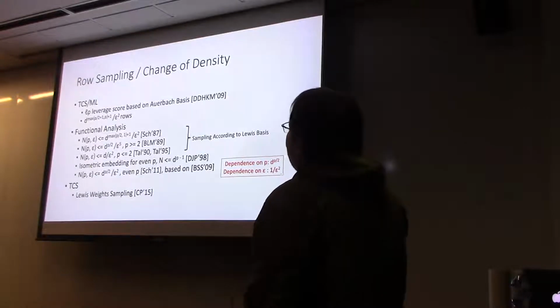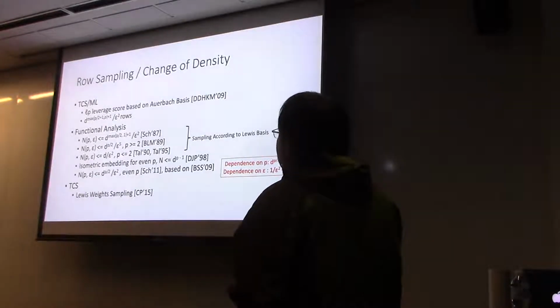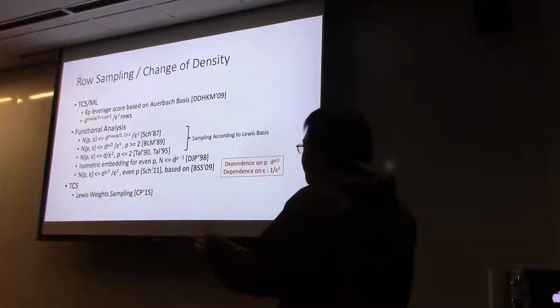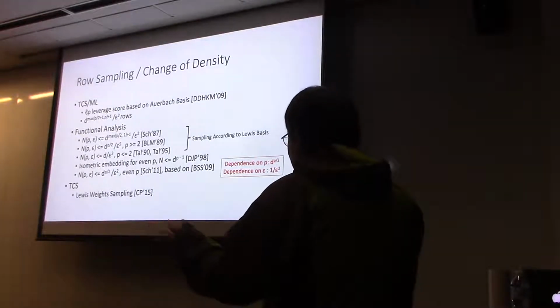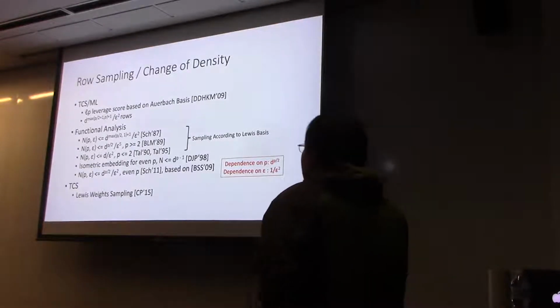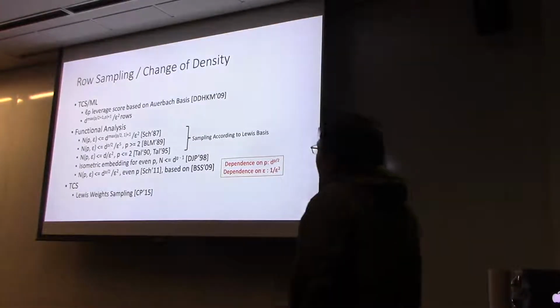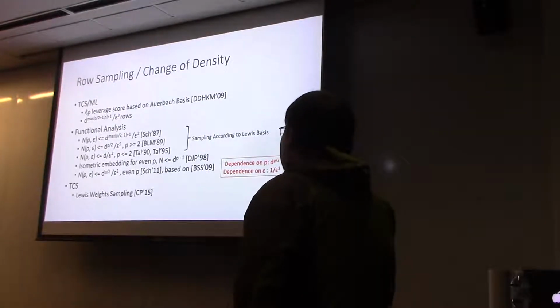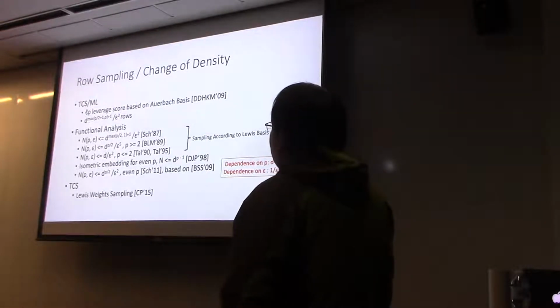This problem is also studied in functional analysis. Functional analysis people study a related problem because they want to study a related class of spaces, function spaces, and their results here also give us some bounds. The first result is by Schechtman.